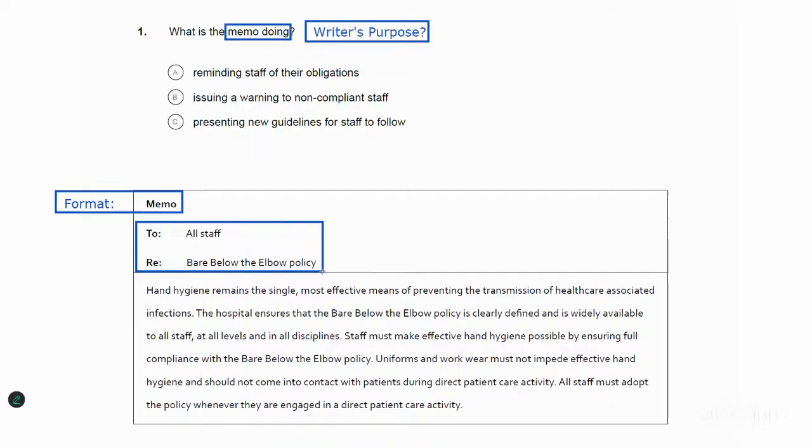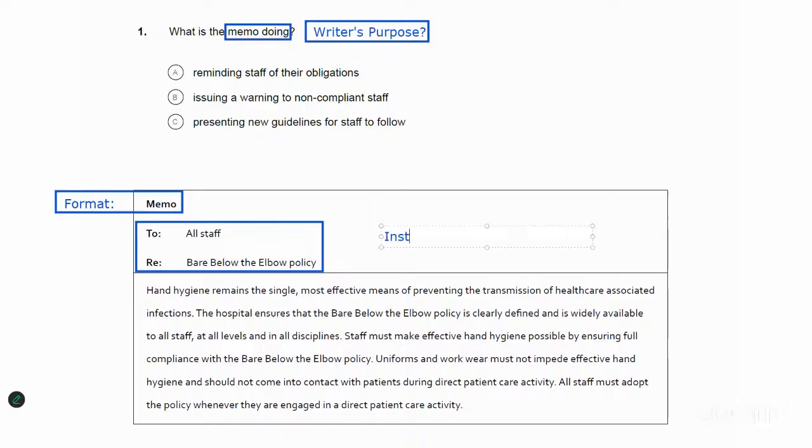So that means these are instructions, these are directions, these are guidelines for the others to follow by all means. No excuse. It's a memo, means must do it. So here you can say, yeah, instructional and directive.